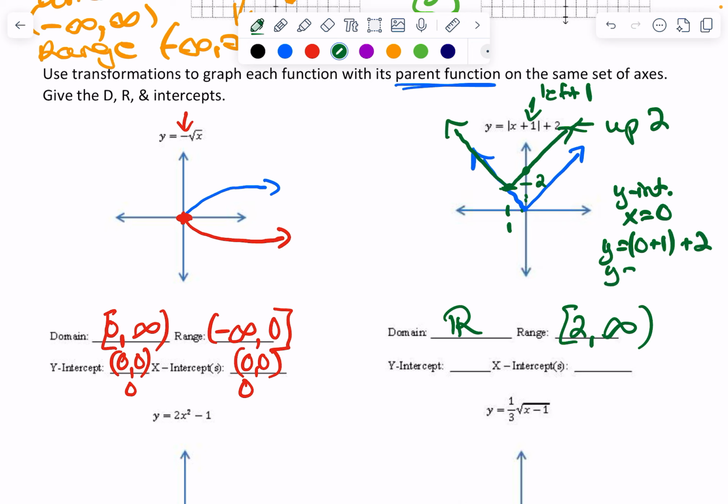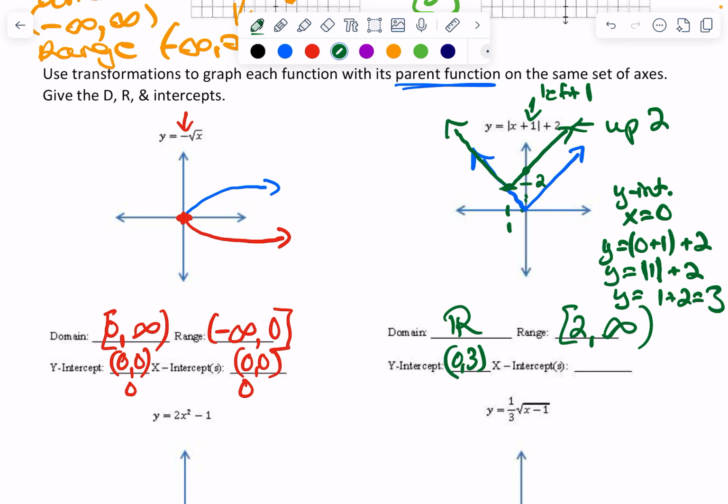So y equals the absolute value of 1, plus 2. These are absolute value signs. y equals 1 plus 2, which is 3. So our y-intercept is 3. So it's going to be the point (0, 3).